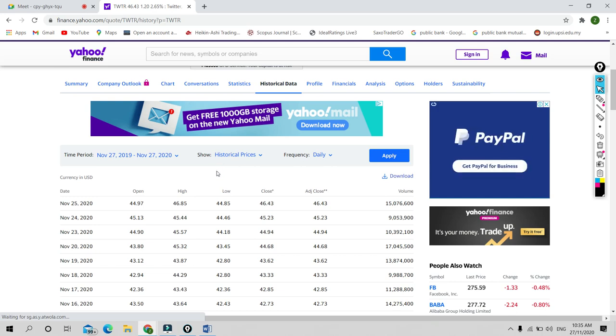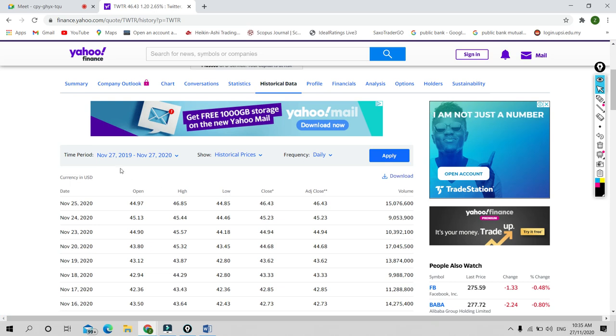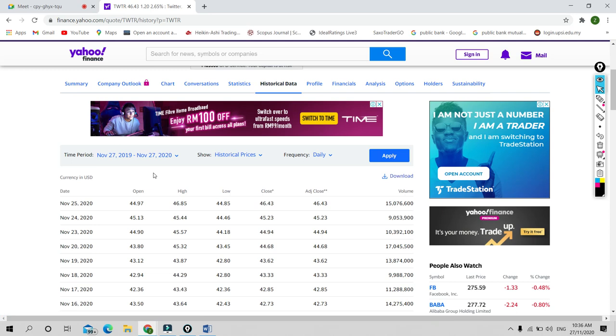There is an opening price, high price, low price, and closing price. You can use either one. This is just for the exercise. It's a Twitter price. 31.17 means 31.17 US dollars per unit, which means it's around 150 ringgit per unit.